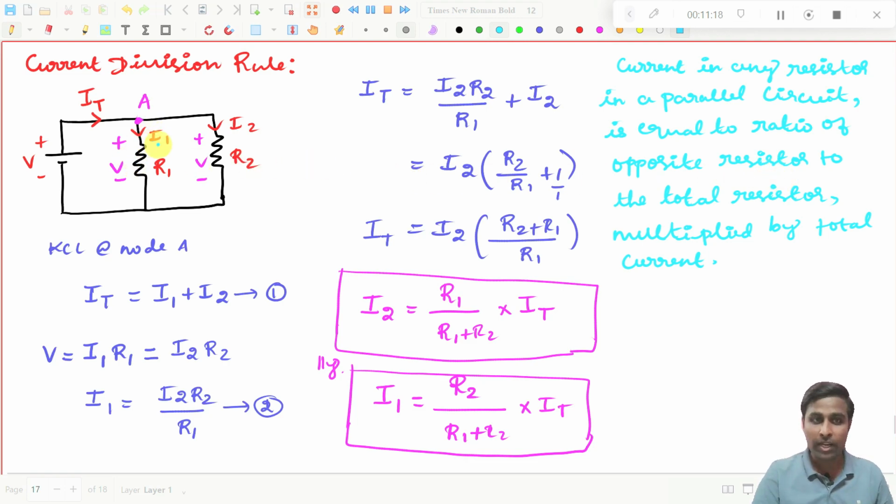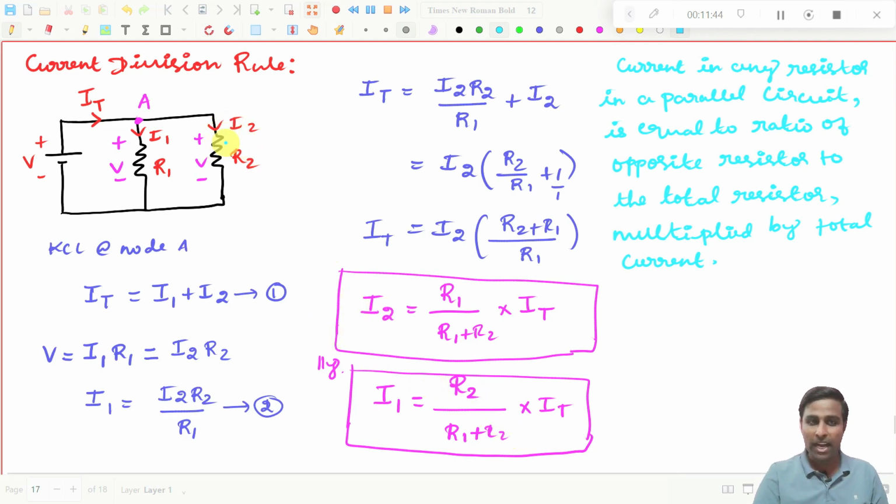If I want to find I1, then the opposite resistor is R2, divided by total resistor R1 plus R2, multiplied by total current IT.